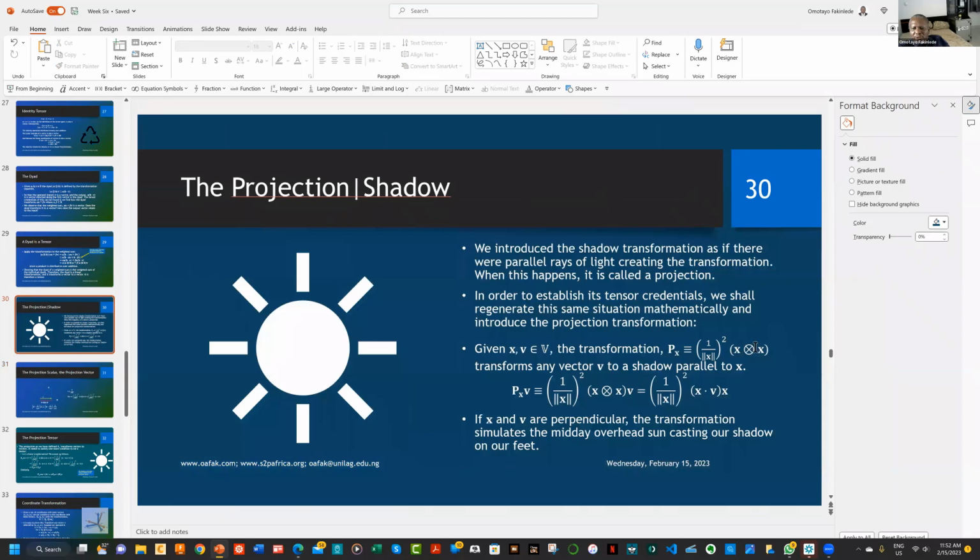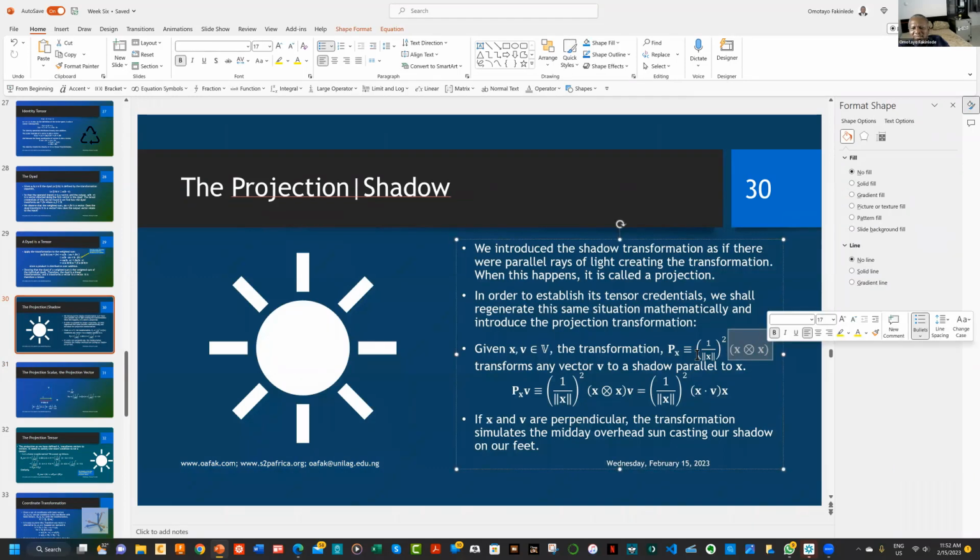So if what you have as a projection is simply a scalar multiplied by a dyad, it will also transform a vector to a vector, because what you have in the projection vector, a tensor, is just a scalar multiple of a dyad. Whatever a dyad does, a scalar multiple of it will do similar things.